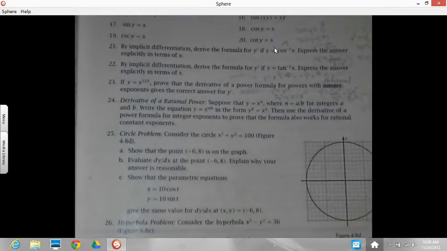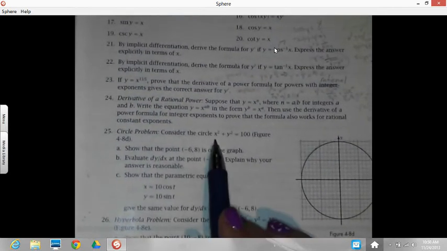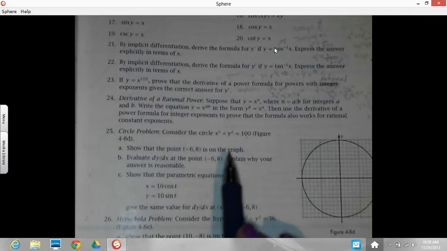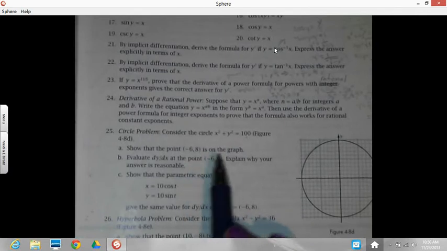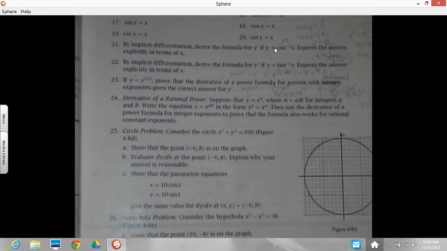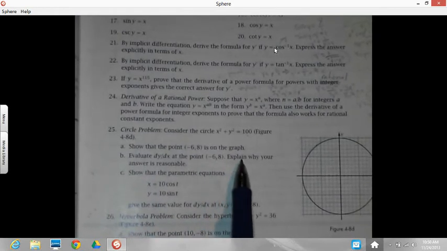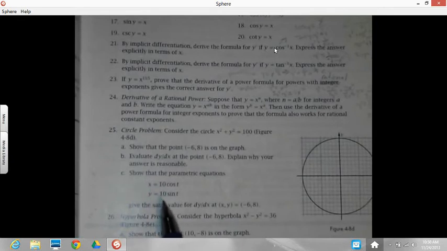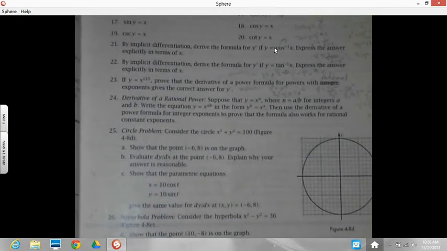Consider the circle x squared plus y squared equals 100. You have to know this is a circle. The radius is 10. Show that negative 6, 8 is on the graph. Evaluate dy dx, that's just y prime, at the point negative 6, 8, explain why your answer is reasonable. And we're not doing the parametric. Oh, maybe. Oh, I don't know. Maybe.